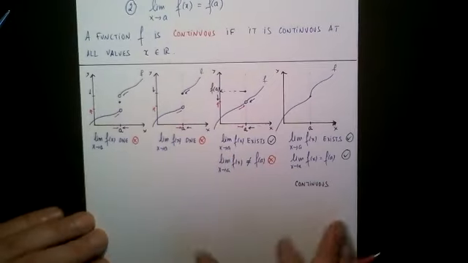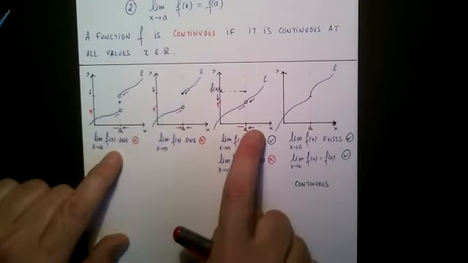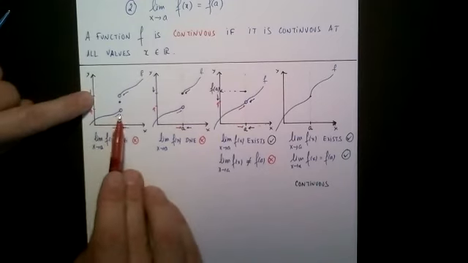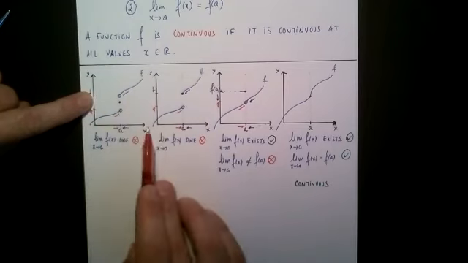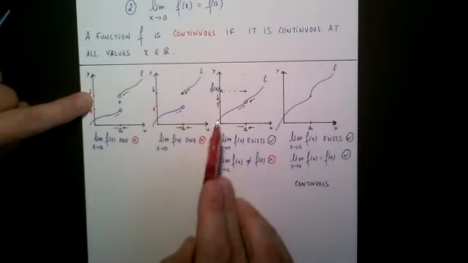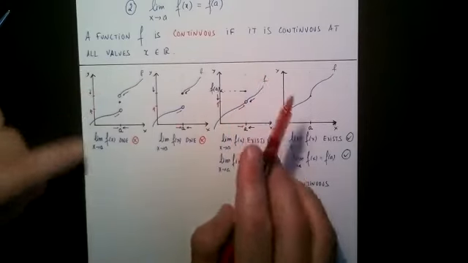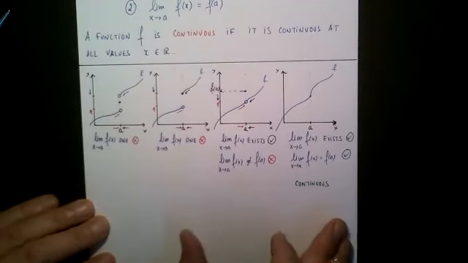The thing is that these two discontinuities are different from this one, because in both of these cases the function jumps. It goes here, jumps, goes here. Here, at a it jumps, goes here. Here, it doesn't jump. It just skips a point and continues. So these two types of discontinuity are called jump discontinuities.